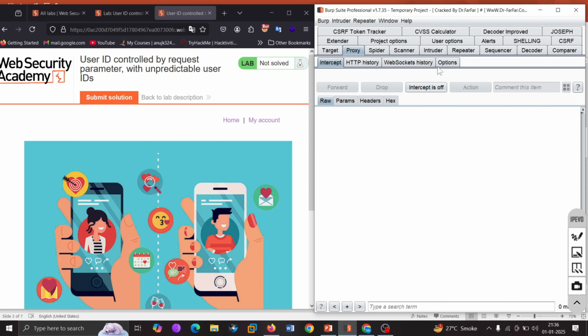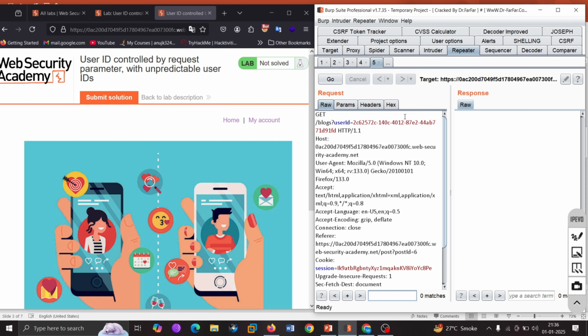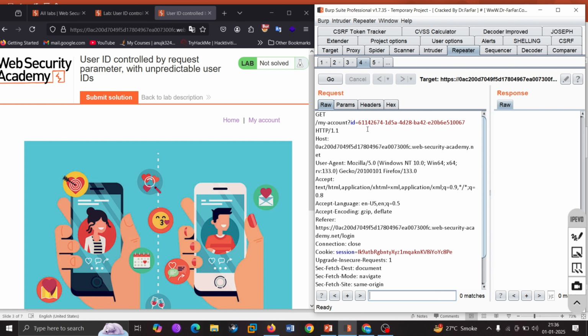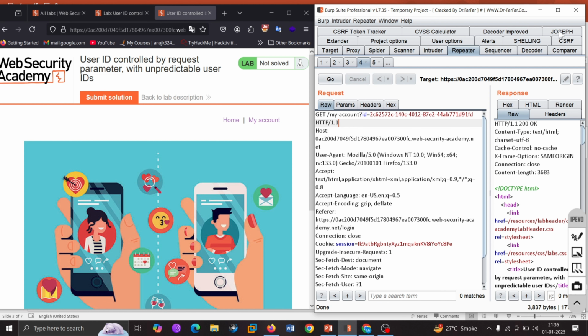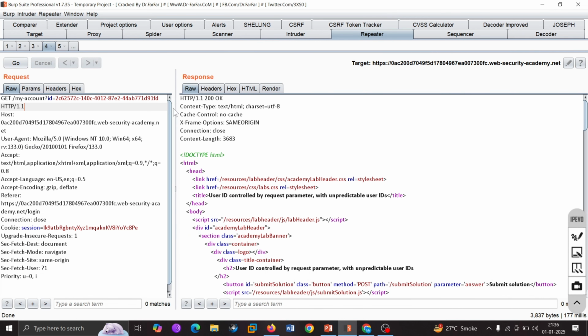So now, if I do the same thing over here, if I go to repeater, this is the ID we got, right? We copy this, and this was the ID for my account, right? If we change this ID and send, we get 200 OK, right?